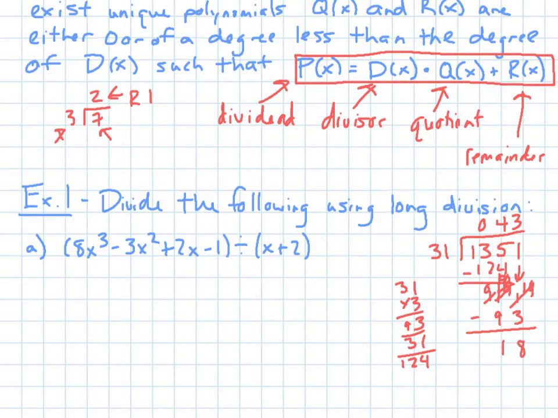So then you would say that 31 goes into 1,351 43 times, and there's a remainder of 18. Okay, so that would be your answer.